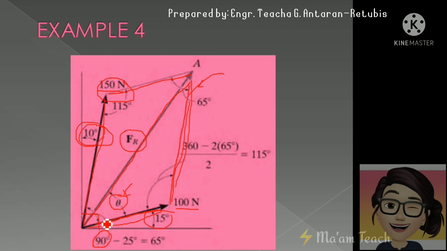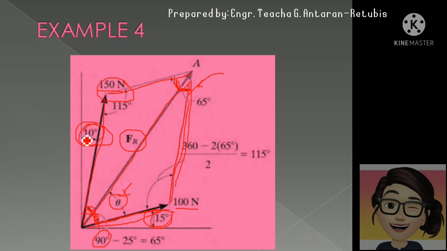So in order for us to determine this angle here, the angle of the side of a parallelogram, we will subtract, of course, 15 and 10 from 90 degrees.